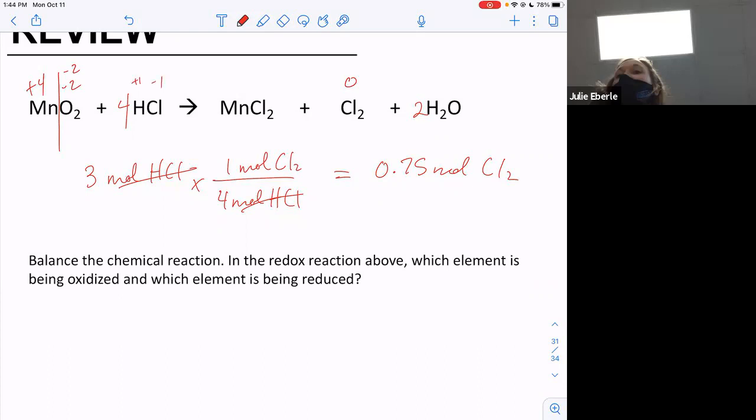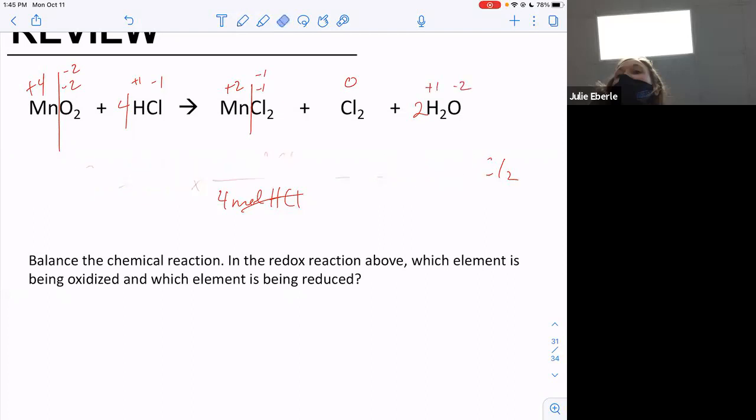Chlorine is a -1. What about this one? Again, you can divide it into a positive and negative half of your molecule if you want. Chlorine is going to be -1. We've got 2 of them, so that's like saying -1 and -1. The other side has to balance, and we only have 1 cation here, so that's got to be a +2. All we have left now is water. In water, the hydrogens are +1, oxygen is -2.